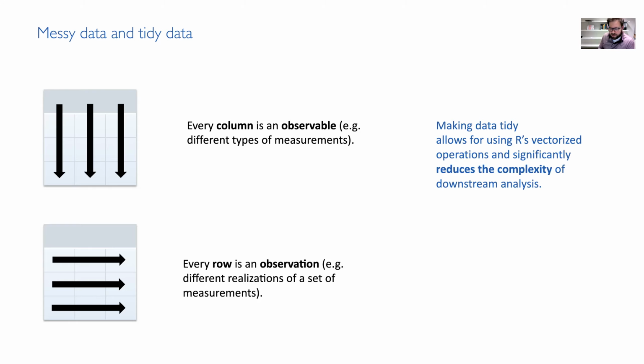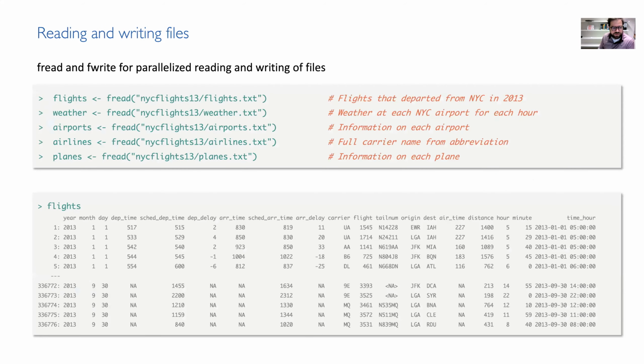Now, the data that I showed you are one of the standard data sets in data science that you look at for teaching, and this data is already tidy. So let's have a look at these flights.